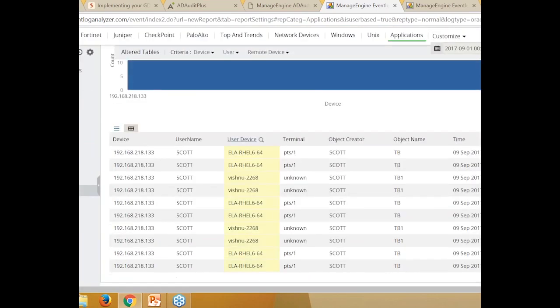So you can see which were the tables in your database modified. And again, you can find out things like who modified them, when they were modified, and things like that. Different parameters. You've got attributes like the terminal, the object creator, and so on.